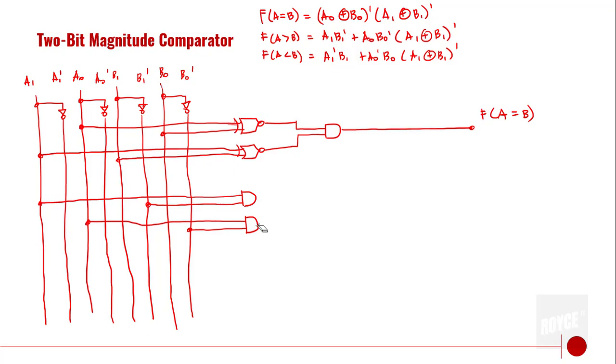So, i-AND ko pa pala ito. Okay. Ayan. And then, yung output nito, tsaka output ng A1, B1 prime, naka-OR.